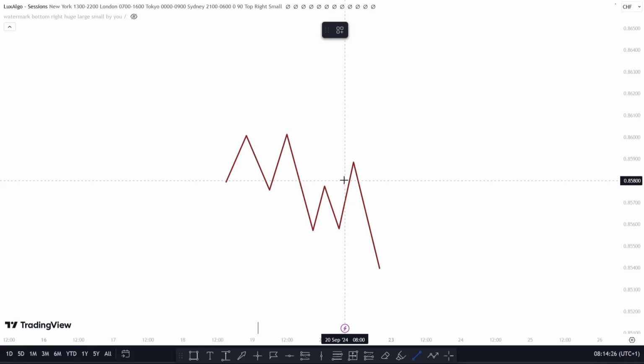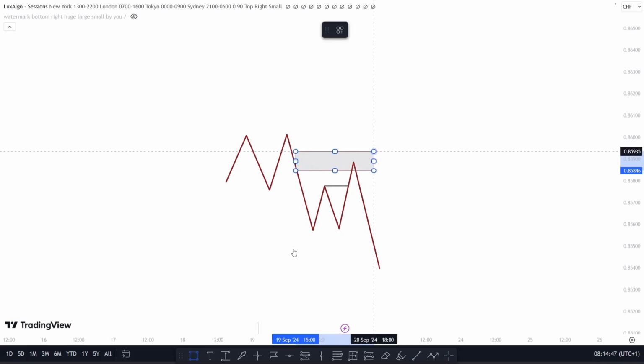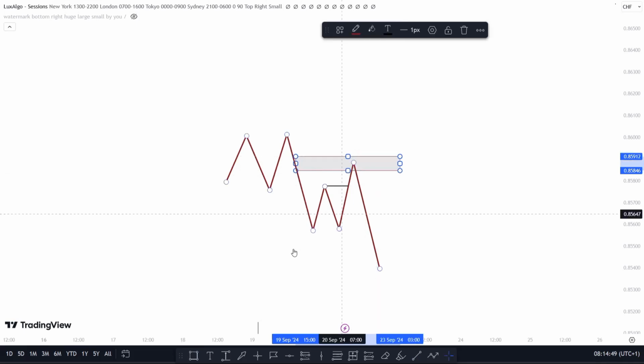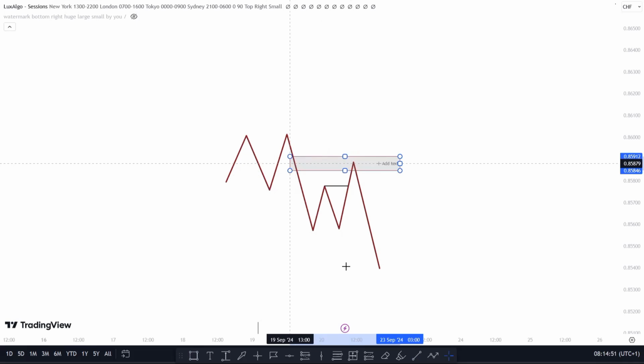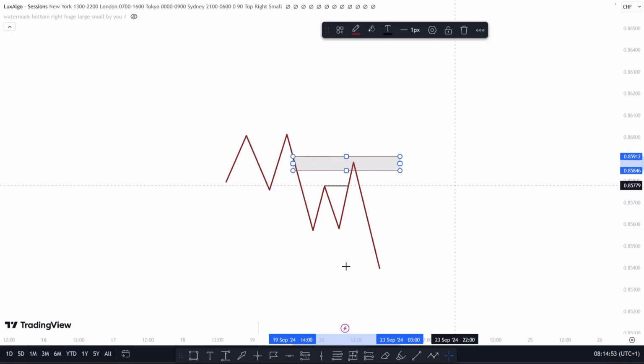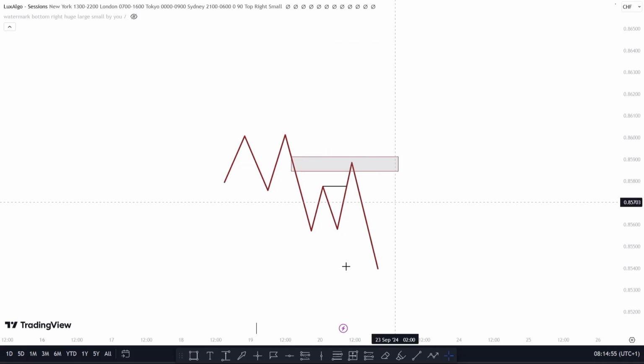So we want liquidity to be taken out in the direction that we intend price to go. We first want to check what areas the market is looking forward to going into. Do we have the market going into a fair value gap, or into an order block? Before liquidity is taken, you want to check for those areas.